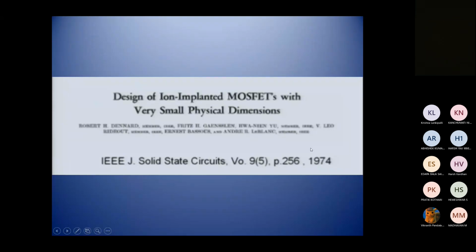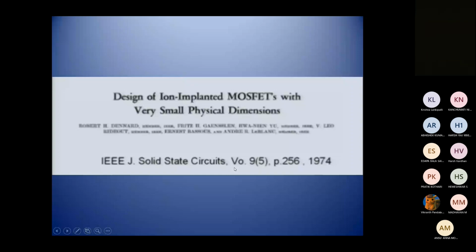Just imagine, it was published in 1974 in the IEEE Journal of Solid-State Circuits. If you find free time, just go through this article. It is a very nice article. In this research paper, the research group made some guidelines on how to make devices if we want to miniaturize CMOS devices.